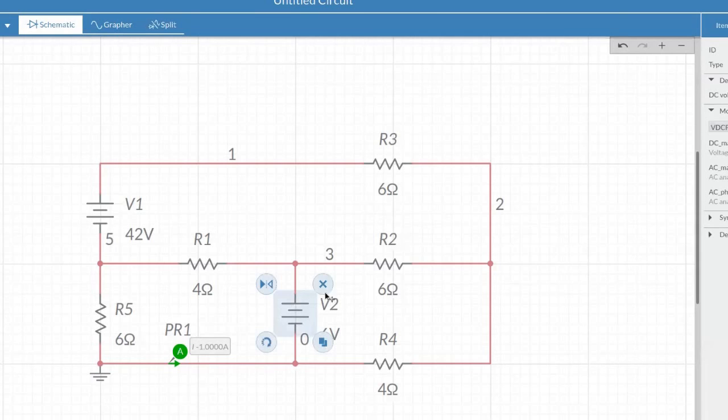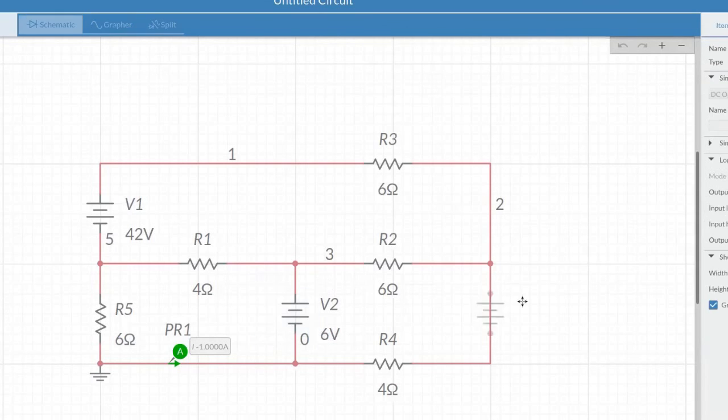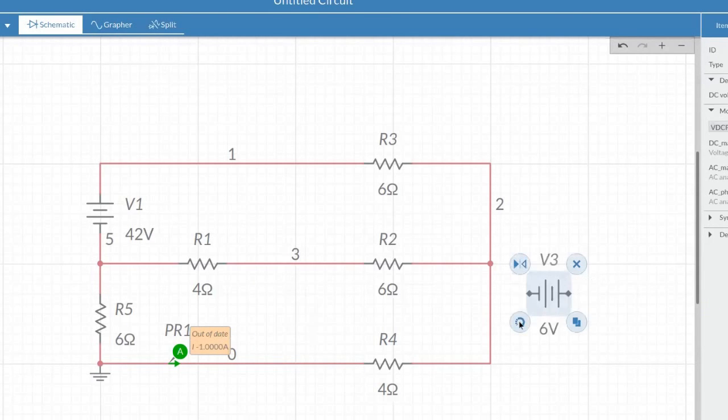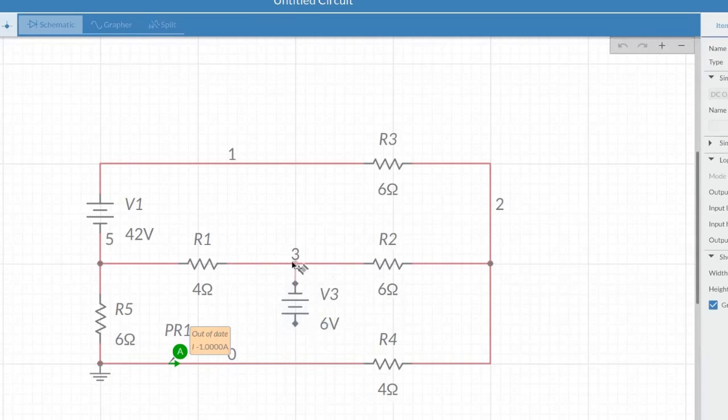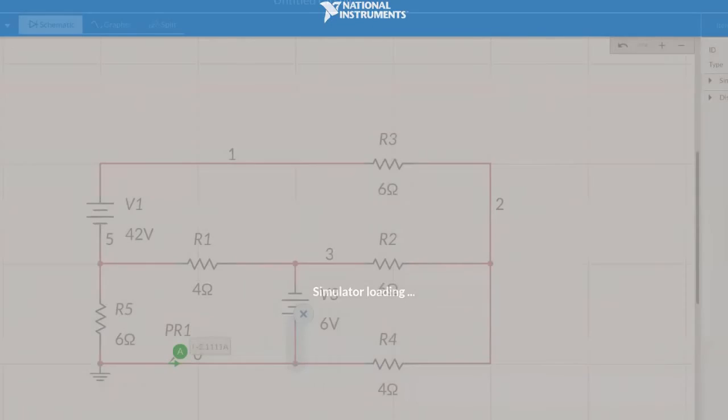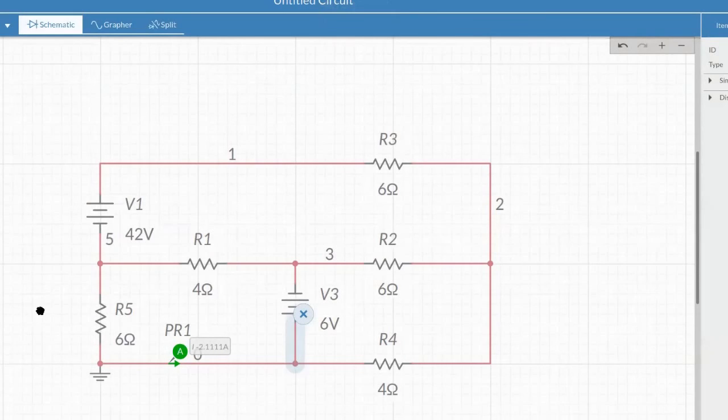The battery. Oh, I see. Okay. Then it should tell us... Oh, then now change the resistance to 18.